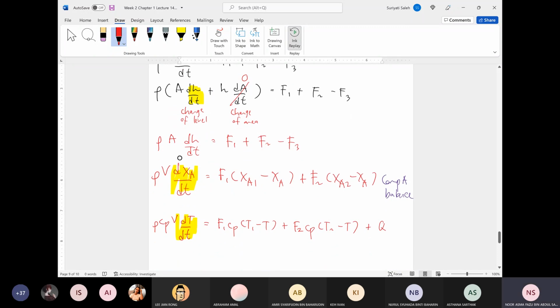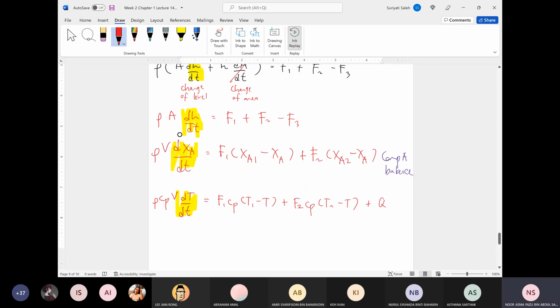So for this part, you have three different equations obtained from the conservation of mass and energy principle, in the form of dH over dt, dXA over dt, and dT over dt. In process control and dynamics, normally the variable inside the differential equation is also considered as your control variable.